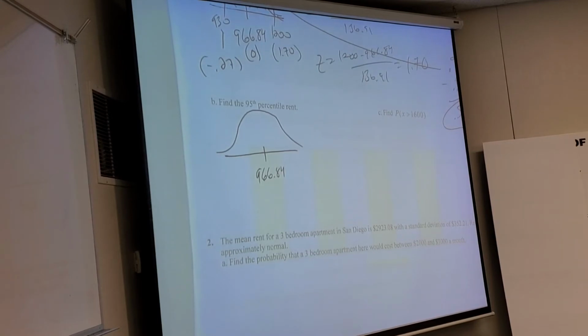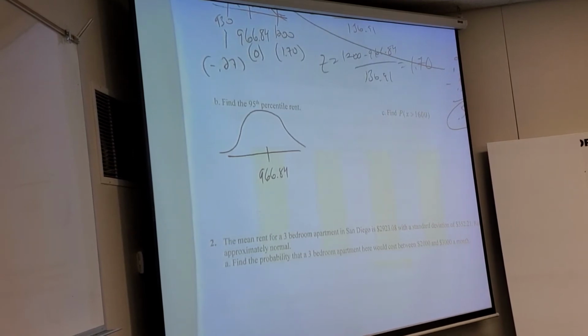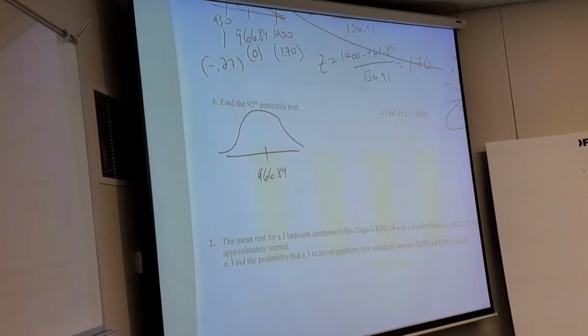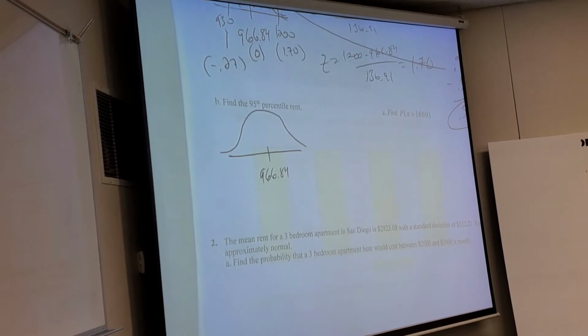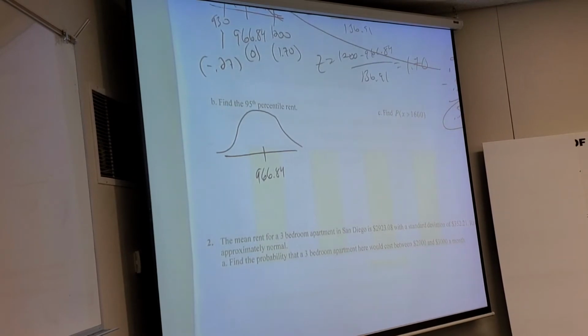What does 95th percentile mean? 95% of the other rents are below it. Yeah, that's it. That's what a percentile always means. If you got the 70th percentile grade, 70% of the people scored less than you. Right?